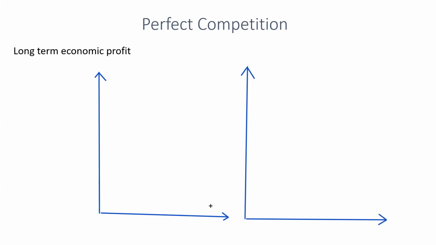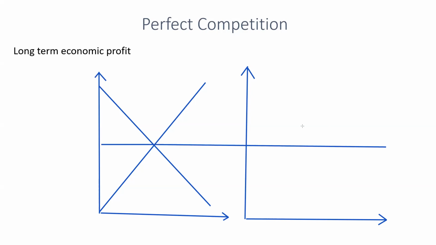So on the left is the entire market. This is the equilibrium price in the market. Same situation, this individual on the right is a price taker. They take the price. This is my MC, this was my MR.